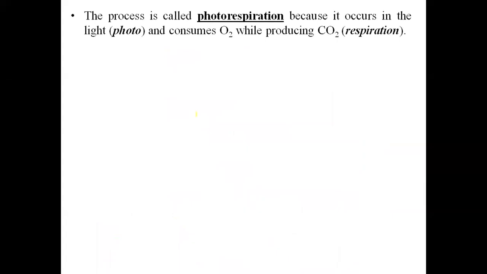now we go to the text, that the process is known as photorespiration, because when there is high sunlight, in the presence of the sunlight, this process consumes oxygen and releases carbon dioxide.